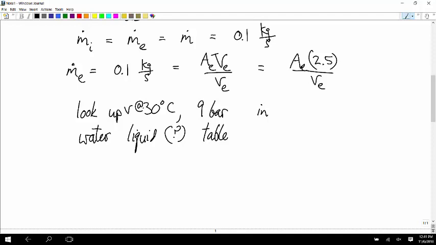If you look this up in the liquid table, v is equal to 1 over rho. And the answer, I guess, is 1 divided by 1199.7. I looked it up and then converted it into a density. There's not really any reason you have to do it that way, but whatever this number is, that's just what I looked up in the table.